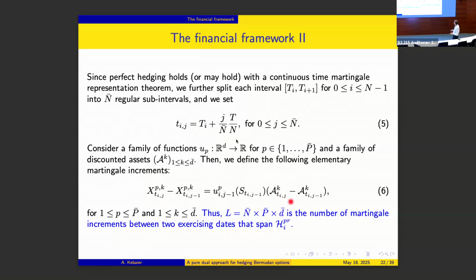And this is a martingale increment here, okay? So what could it be? Keep in mind two examples. It could be the discounted asset price, or it could be any tradable option, that is a martingale, the price of any tradable option, yes.